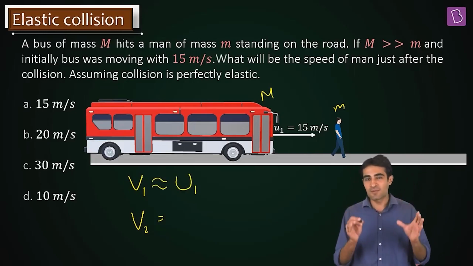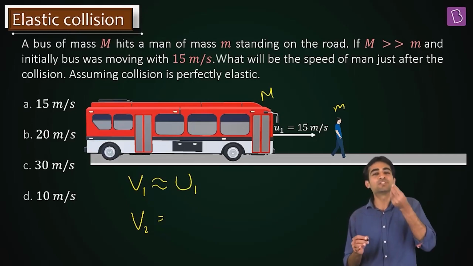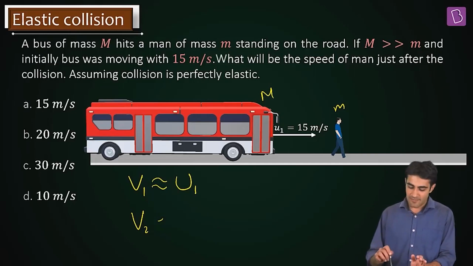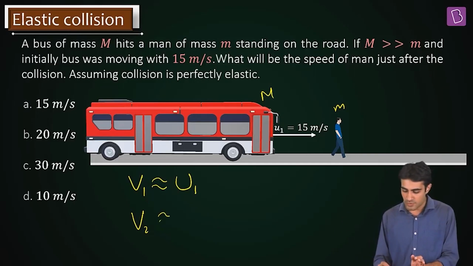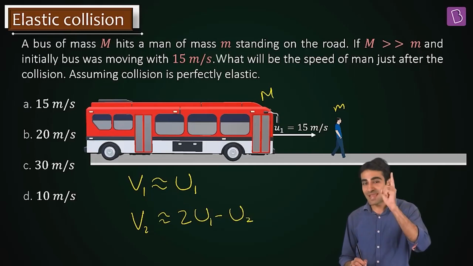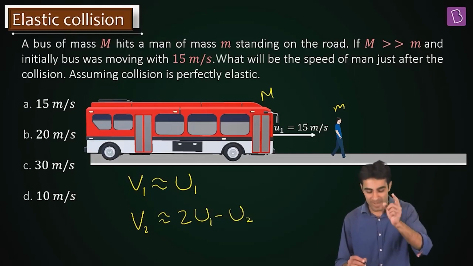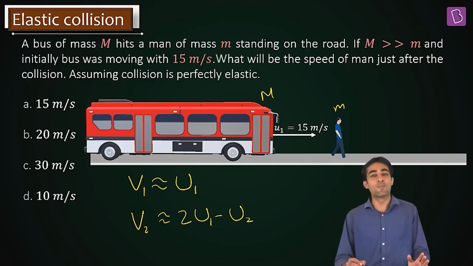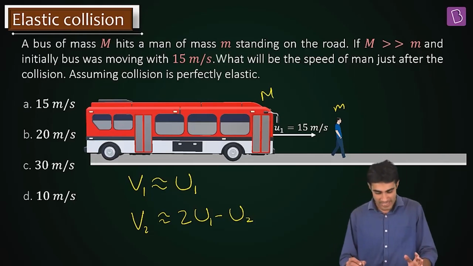Actually, the heavier mass does not undergo any appreciable change in velocity. And the velocity of the lighter mass is approximately equal to twice of u1 minus u2. And remember, caution: u1 and u2 have to be taken with their respective signs. Okay. Now, let's use these formulas and calculate the final velocities. So, what is V1? What do you think is V1?